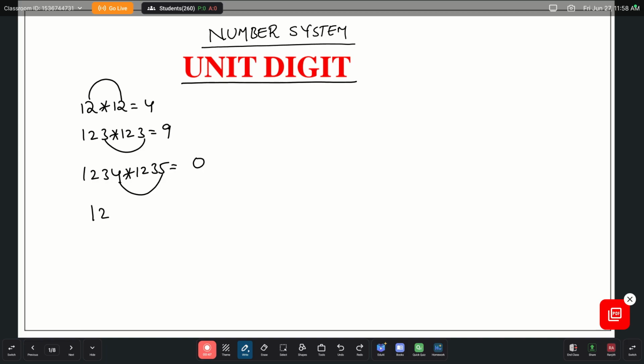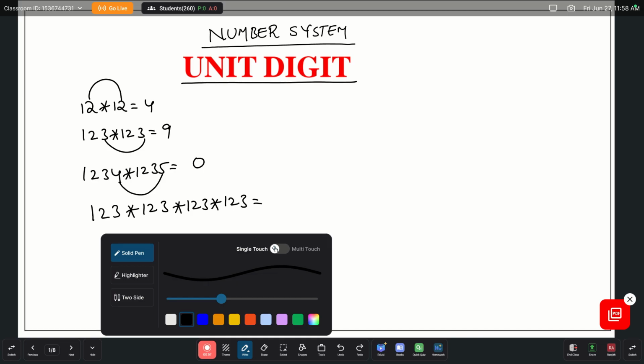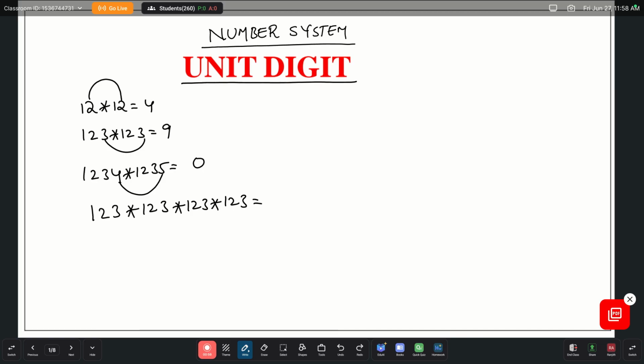So again, 123 into 123. So what is the units place of the given value? In the sense, 3, we are getting 3 square. 3 square is 9. 9 3s are 27. 27 3s, 7 3s are 21, so the unit digit is 1.